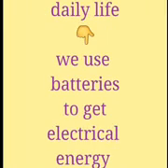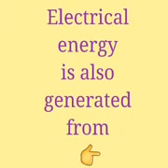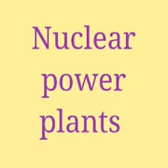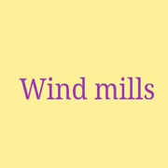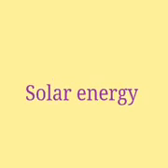In our daily life, we use batteries to get electric energy. Electric energy is also generated from nuclear power plants, hydroelectric plants and windmills. It is also generated from solar energy.